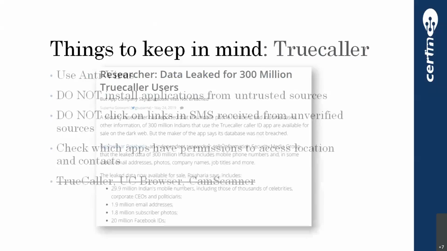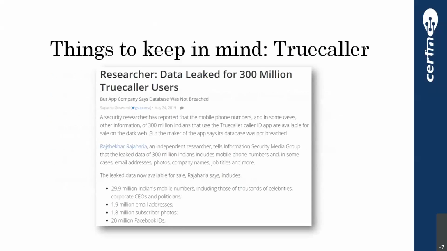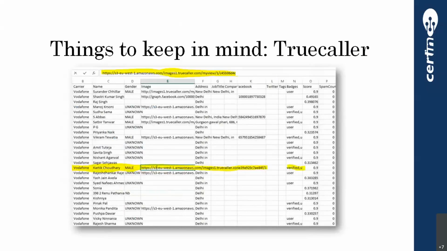And this has actually been reported earlier. So this is a news report from May 2019, wherein a researcher had claimed that 300 million Truecaller user data was actually leaked by an attacker. And there were some screenshots like this.